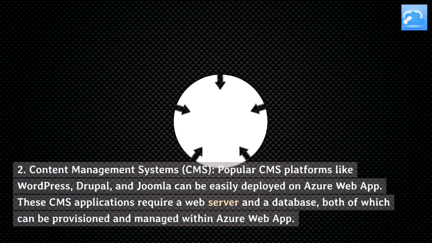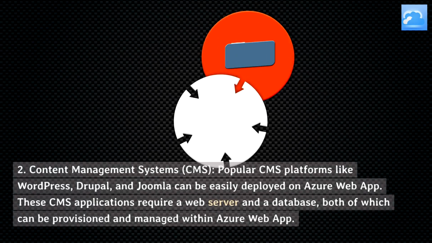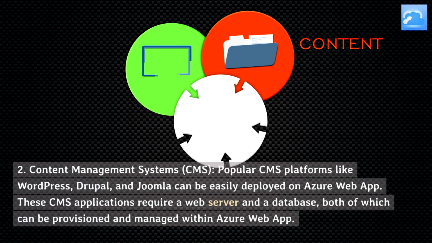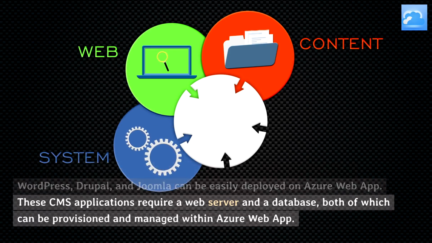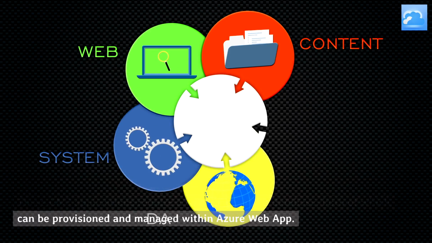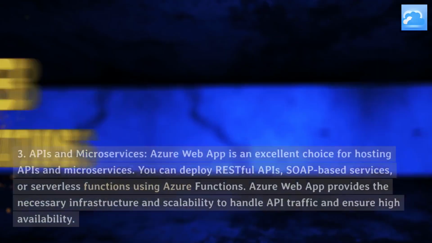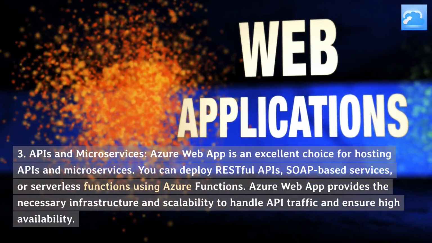2. Content management systems, CMS. Popular CMS platforms like WordPress, Drupal, and Joomla can be easily deployed on Azure Web App. These CMS applications require a web server and a database, both of which can be provisioned and managed within Azure Web App. 3. APIs and microservices.